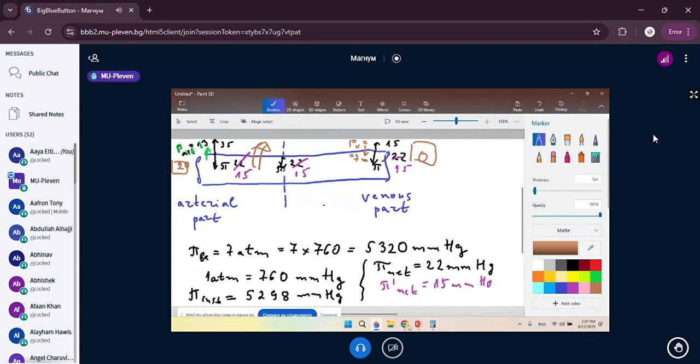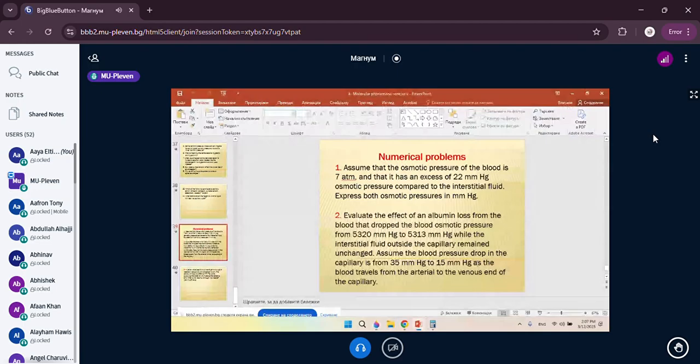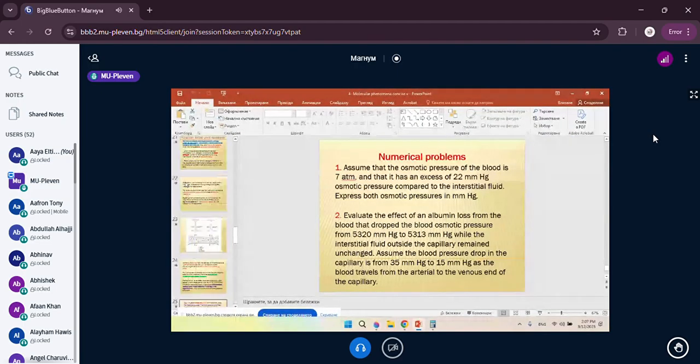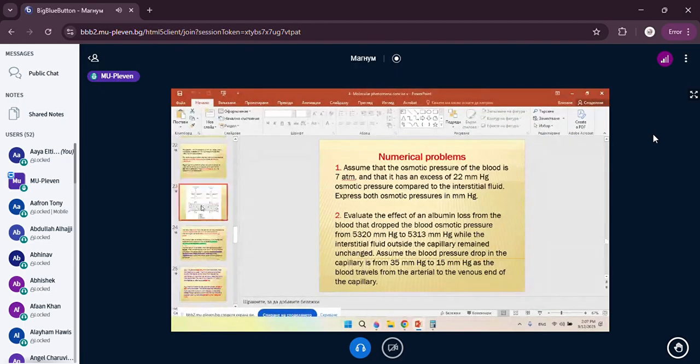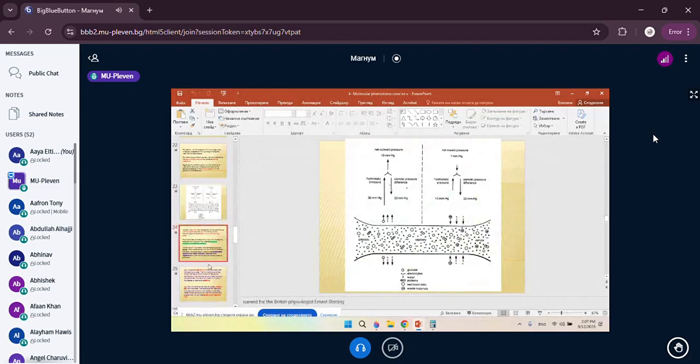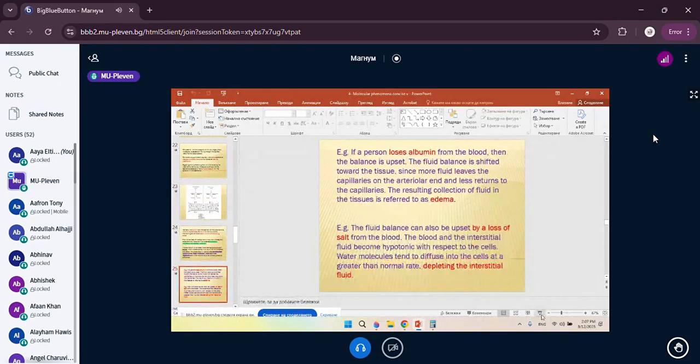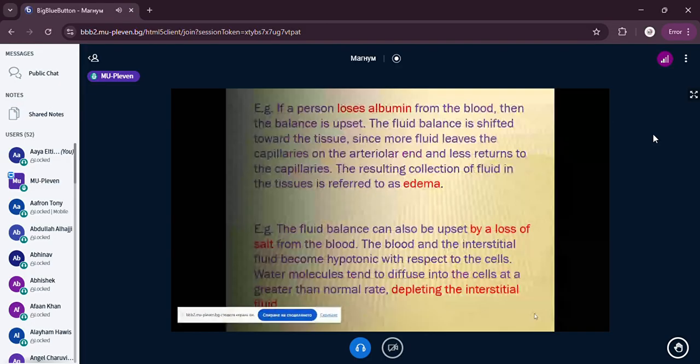So all those things are discussed without numbers, but I think that numbers are useful to understand the phenomena.